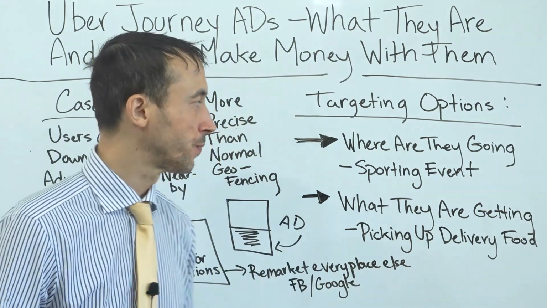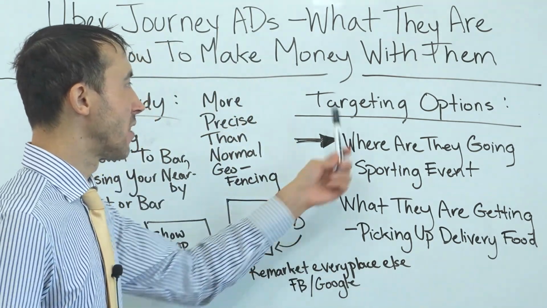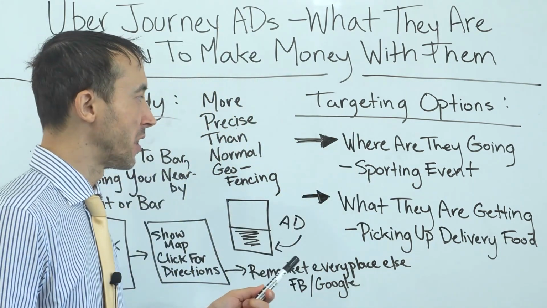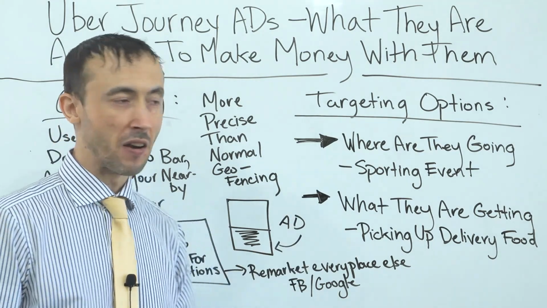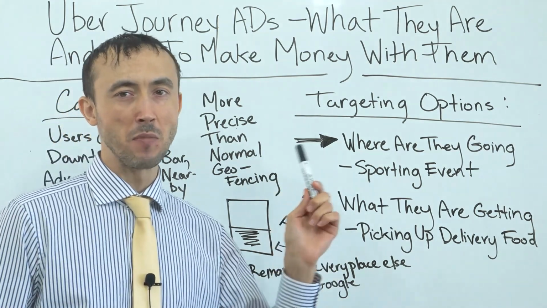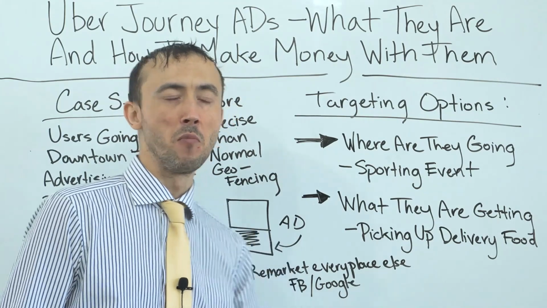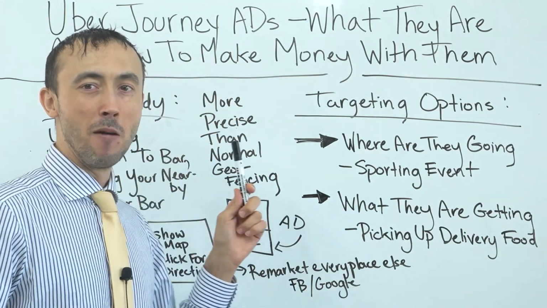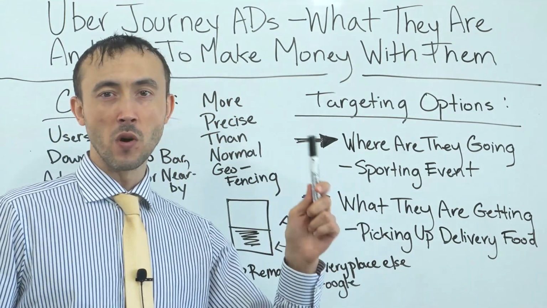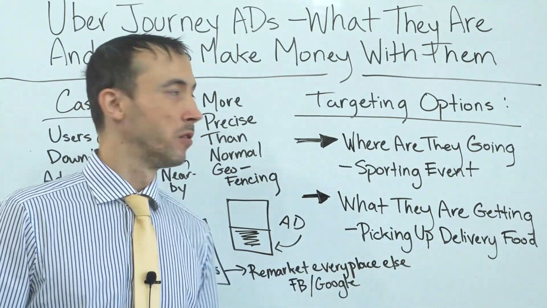So with that said, the Uber journey ads specifically are a brand new ad type that are out there, and by the time you watch this it might be 2030 and it's not new anymore, but for now, it's still in 2024, it's still fairly new.